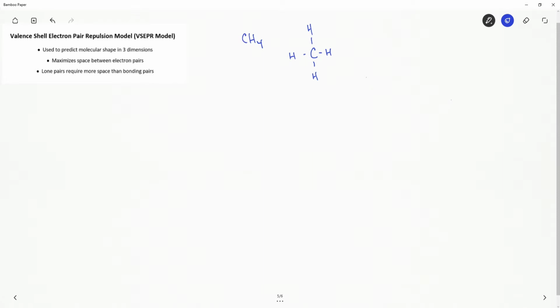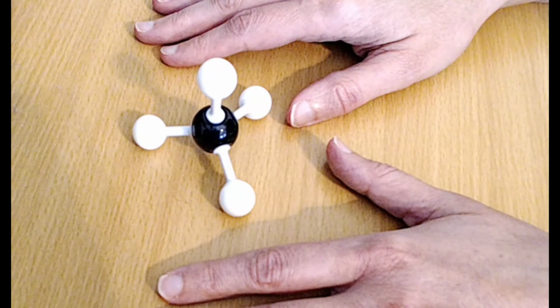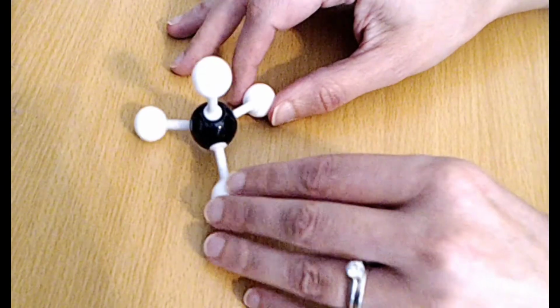Our drawing allows for 90 degrees in between hydrogen atoms, but if we actually move to 3D space, we can increase that to 109.5 degrees. Here is a 3D model of methane.